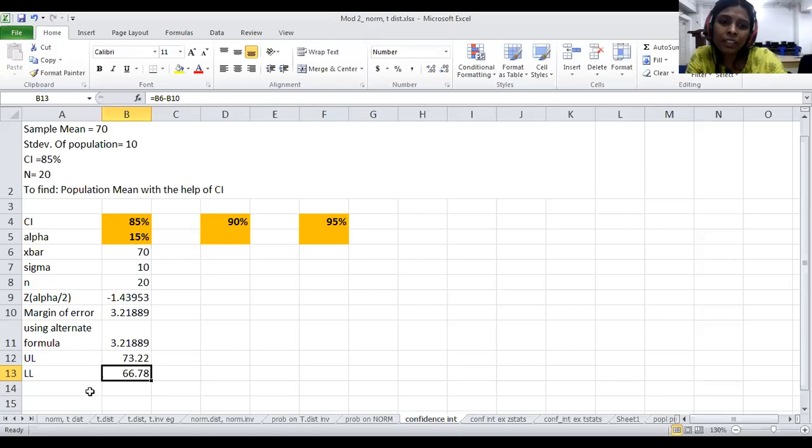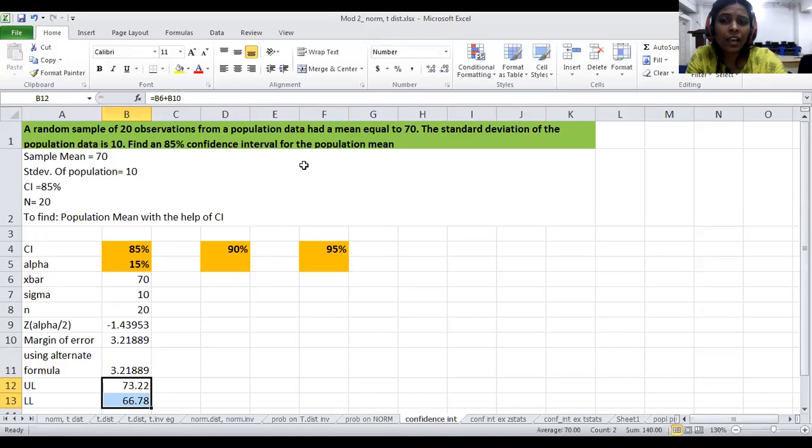You need to interpret these values of upper limit and lower limit because your question is confidence interval for population mean. So your final answer after calculating everything, that is basically your interpretation, is that your population mean, which you have to find, will lie between your lower limit 66.78 and upper limit 73.22.